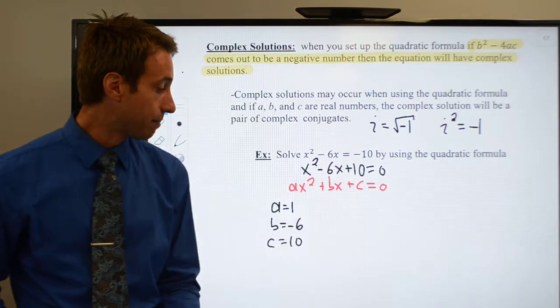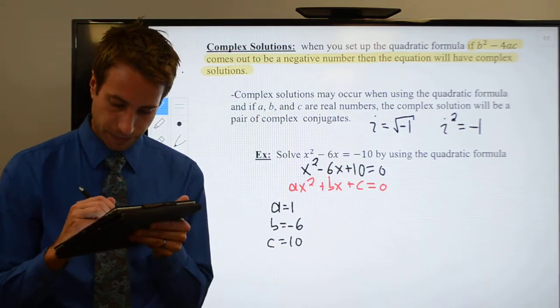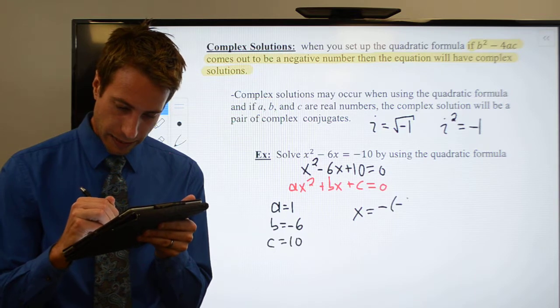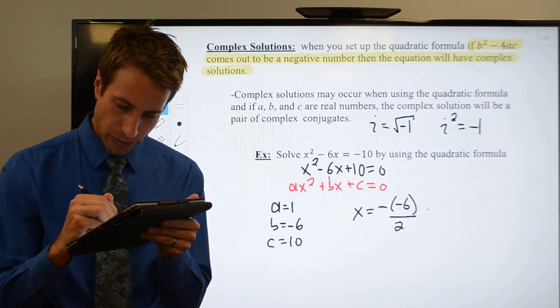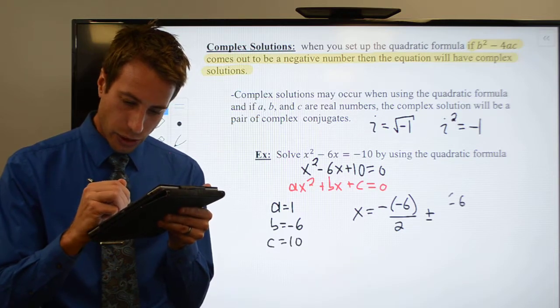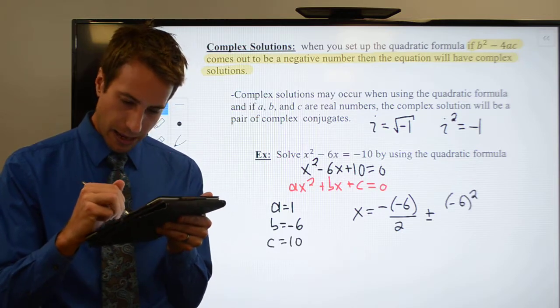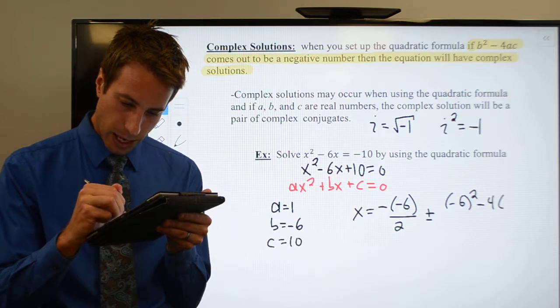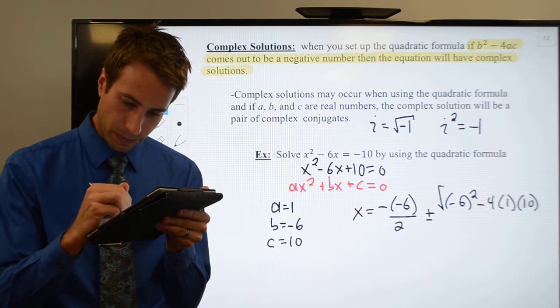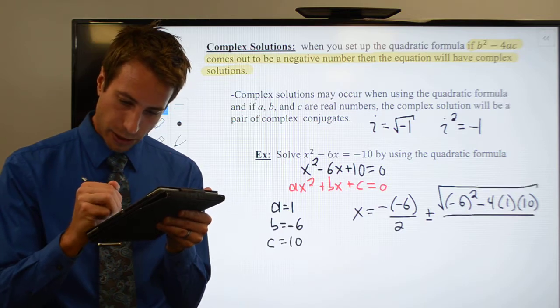And once again, plug and chug. All right, so here's what I got. I got a -6, which I'm going to square, and then I'm going to have a -4 times 1 times 10, all divided by 2.